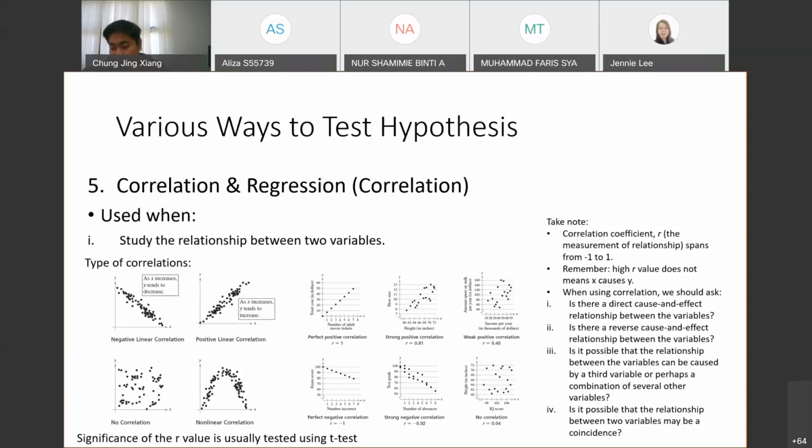And when we want to test the significance of this R value, we usually use the t-test. I hope you are now clear with correlation, the potential downfall of correlation, and if we want to do a significance test, what is the test? Do the t-test, lah.